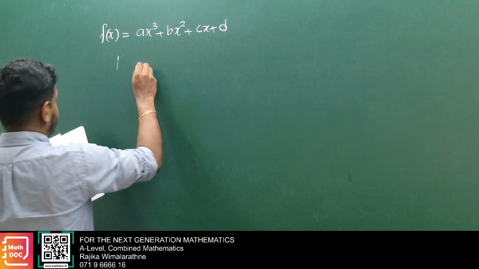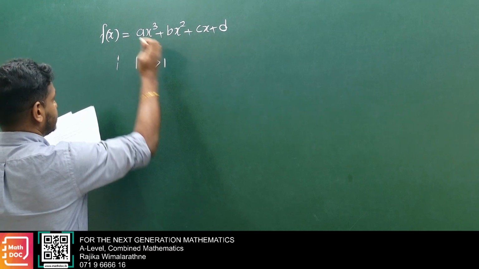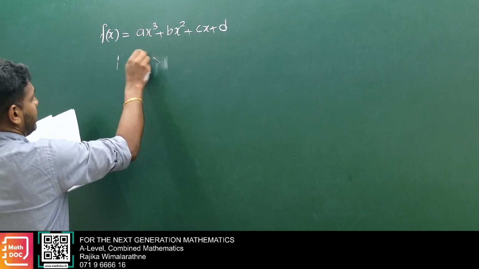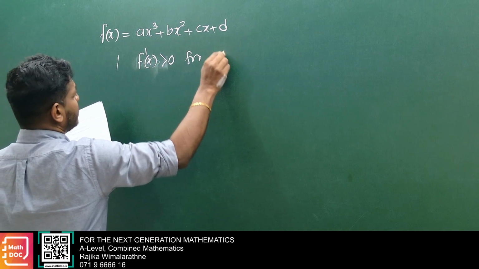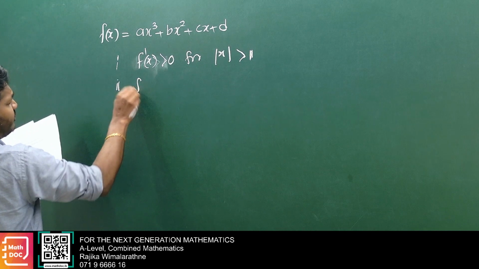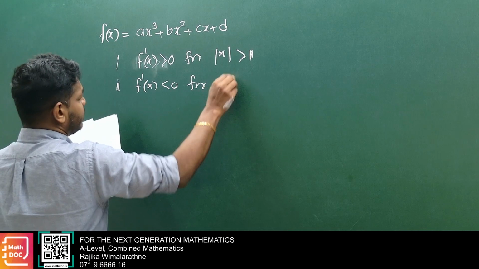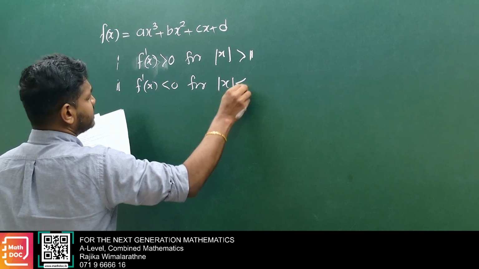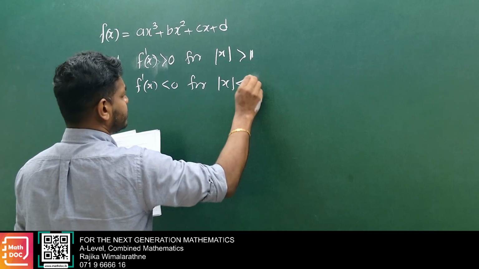And first, f dash x greater than 0 for modulus x greater than 1. Second one, f dash x less than 0 for modulus x less than 1.